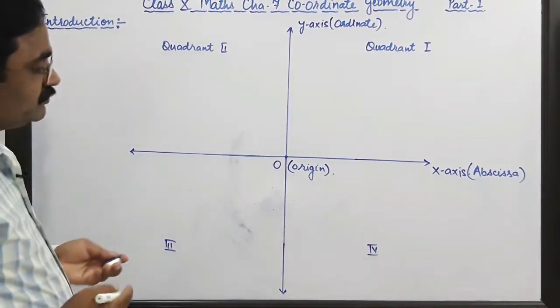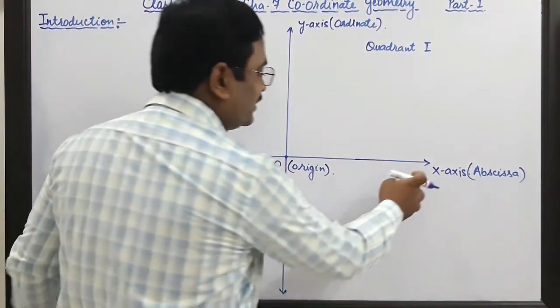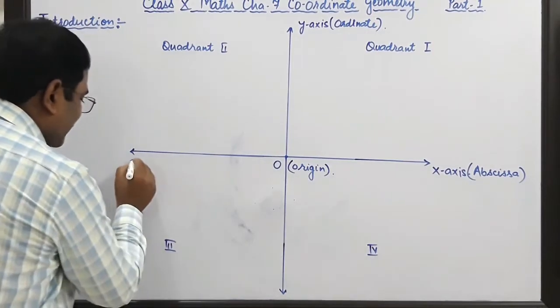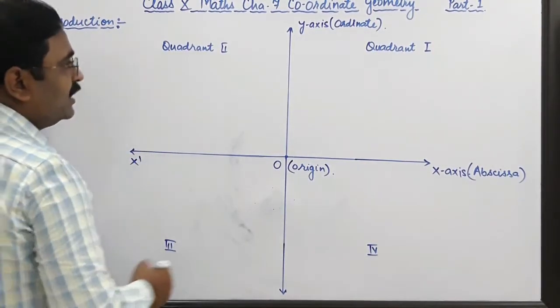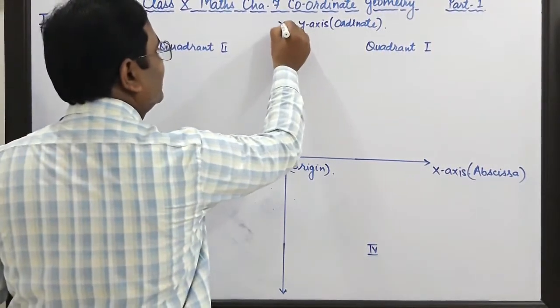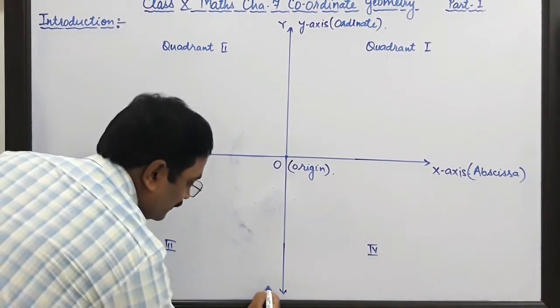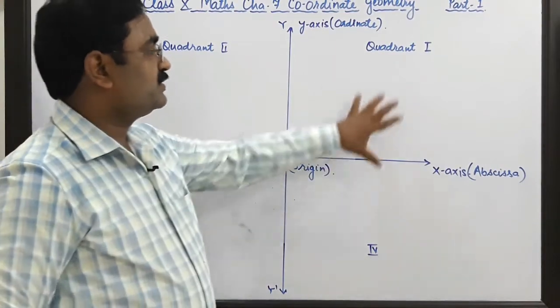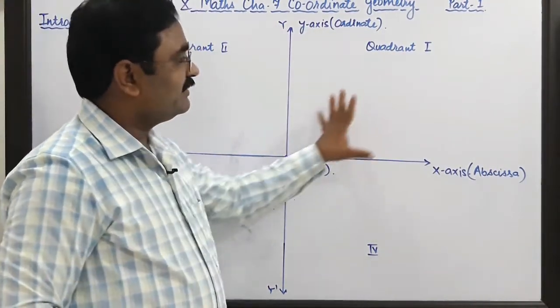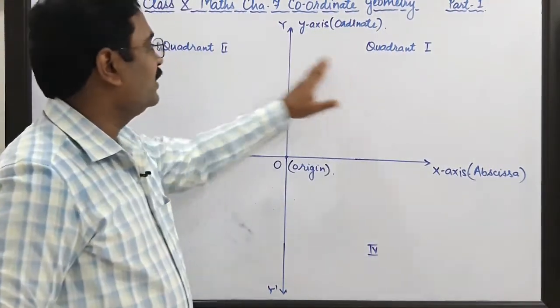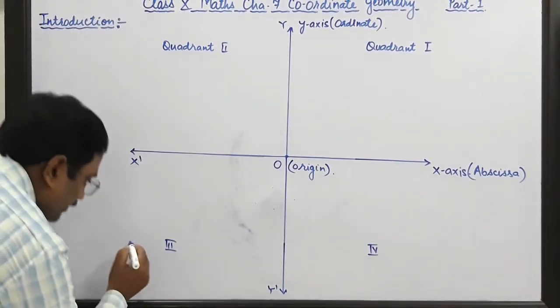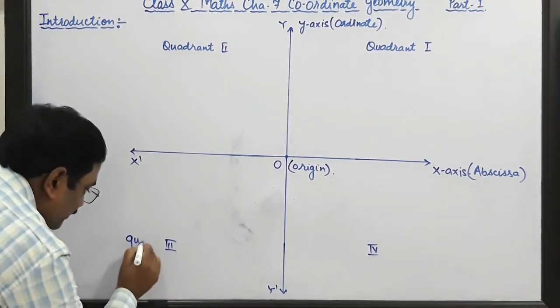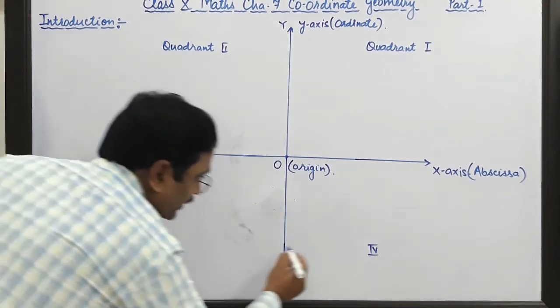Now this x-axis is represented by X O X dash, and this is Y O Y dash. So this plane is divided into 4 quadrants: quadrant number 1, quadrant number 2, quadrant number 3, and quadrant number 4.